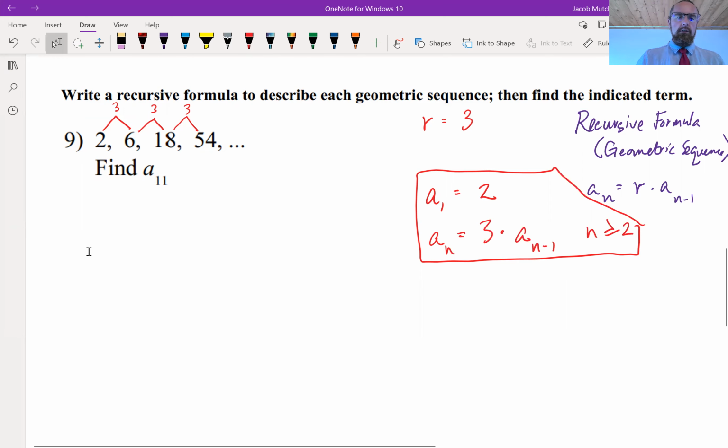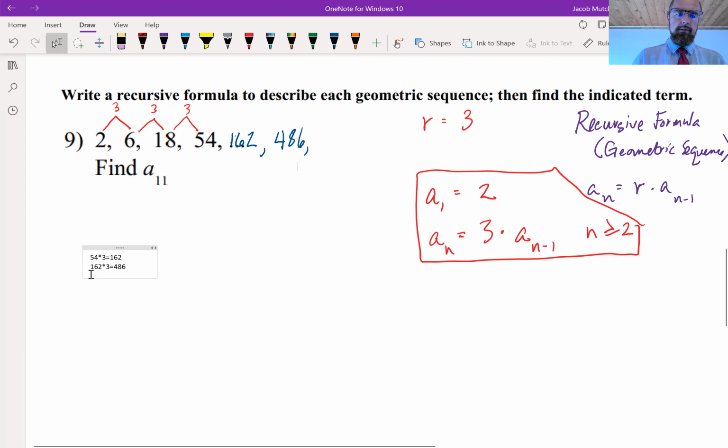So here on our screen, we can multiply 54 by 3. And that's going to give us 162. That's my 5th term. We've got to get to our 11th term. So 162 times 3 is 486.